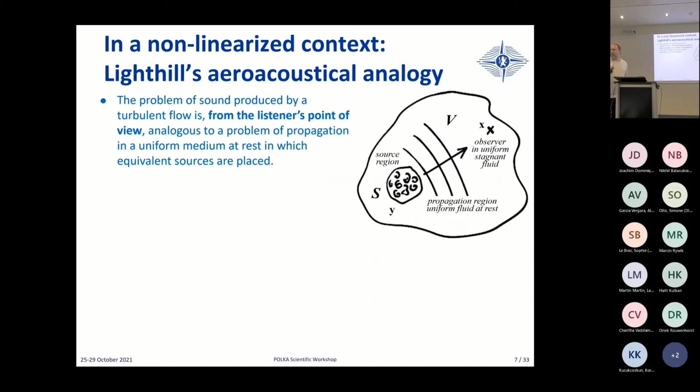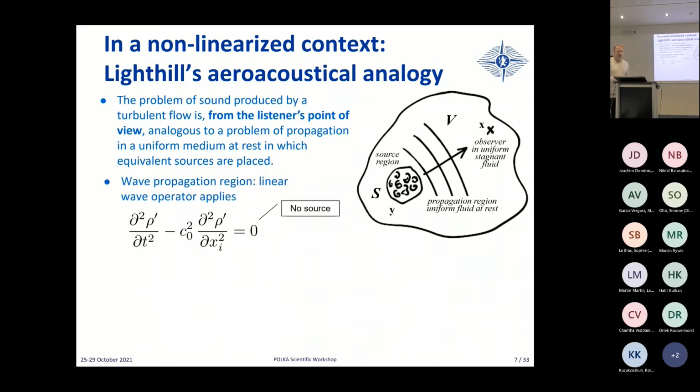Okay, that's clear on the philosophical aspects of the analogy. So formally, how do we proceed? Well, we look at the two regions. We first look at the propagation region, and in the propagation region, there's no source by definition. That's how we define our propagation region: when there is no source. So we know that this wave propagation operator applies there. We have zero because there is no source.